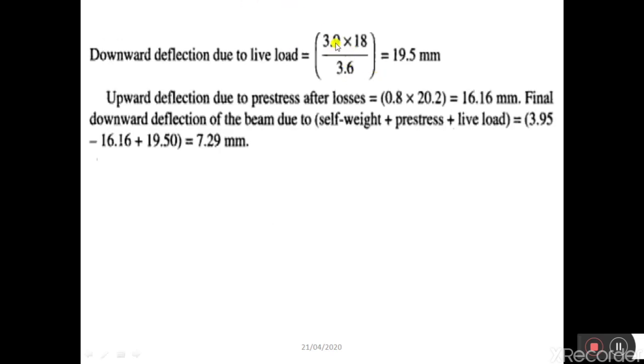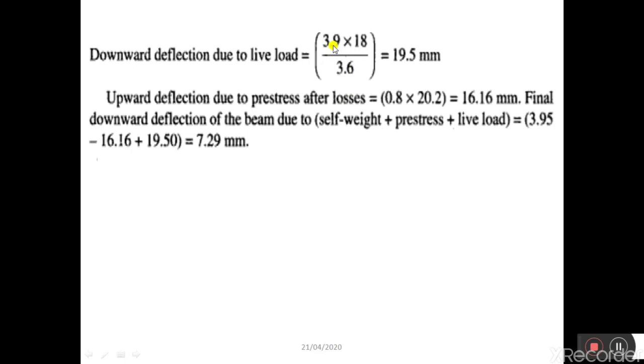We can also use this formula to calculate the deflection due to live load as the live load is UDL. So here 3.9 is the deflection due to dead load, 18 is the intensity of live load, and 3.6 is the intensity of dead load. So we can tell that for a dead load of 3.6 kilonewton per meter, the deflection is 3.9.